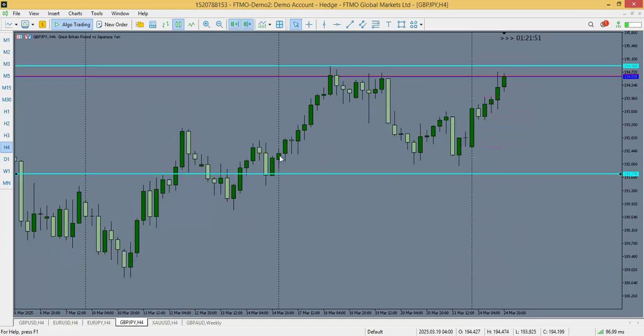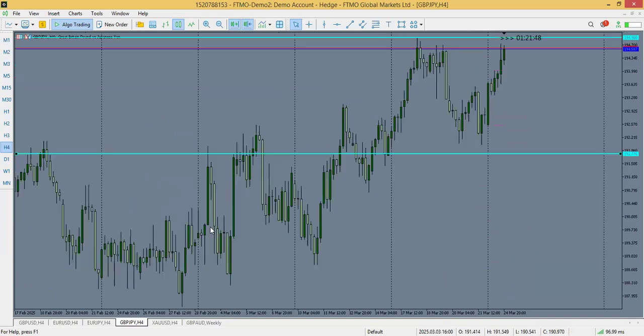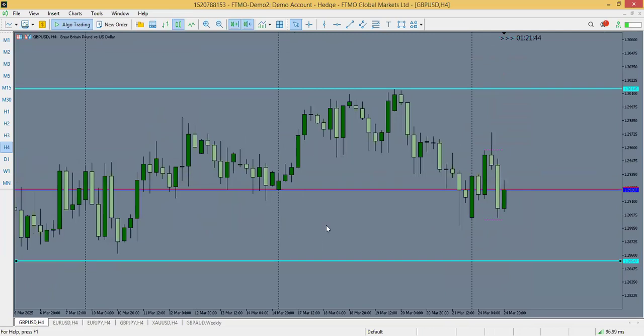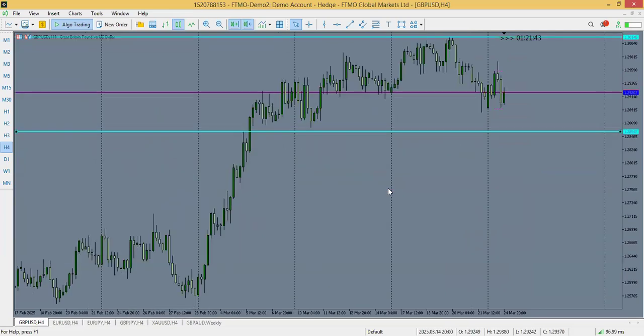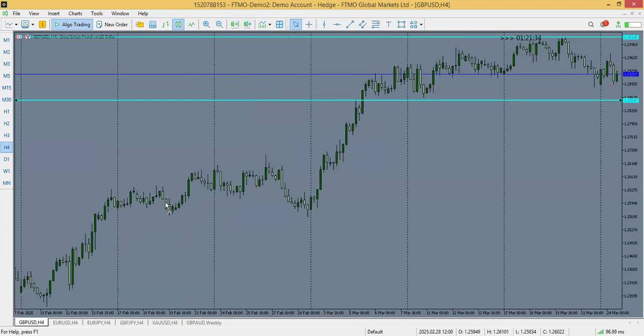Which one will give me a good chart here? I want a nice chart. Okay, let's see Pound USD. Good. Let's look at this nice push up here.